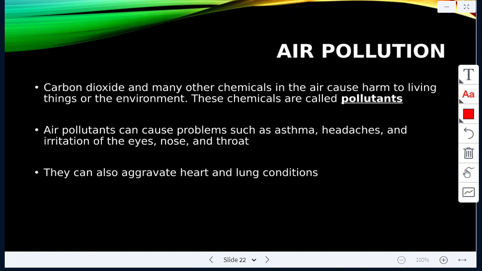All right, so next we're going to talk about air pollution and acid deposition. The carbon dioxide and many other chemicals in the air cause harm to living things or the environment, and therefore these chemicals are called pollutants. Air pollutants can cause many problems like asthma, headaches, and irritation of the eyes, nose, and throat. They can also aggravate previous heart and lung conditions.